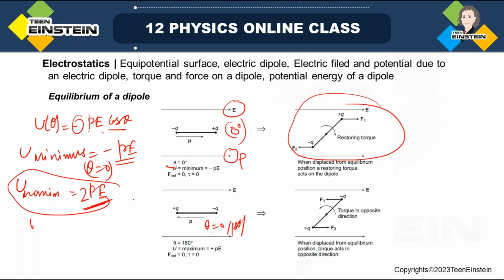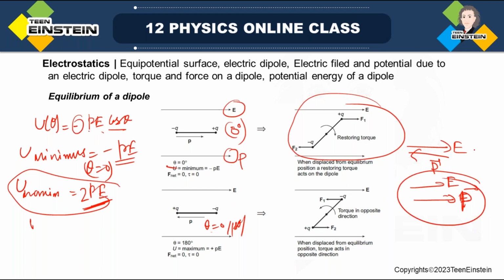What we are just trying to see is that when you have the dipole like this and the electric field like this, that is the parallel case, and when the electric field is this and the dipole moment is in the opposite direction, the potential energy will be minimum here and maximum here. Okay, when anti-parallel, then potential energy will be maximum.